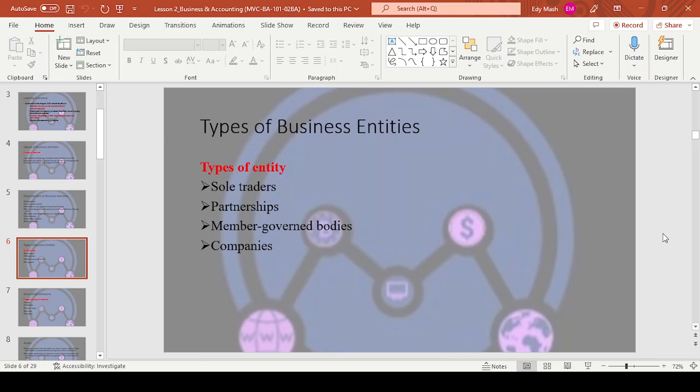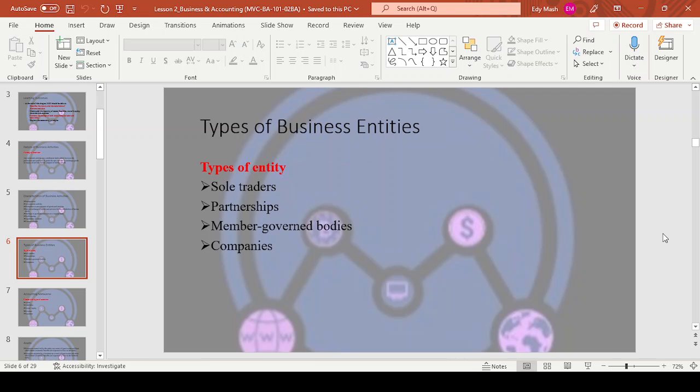So the types of business entities are sole traders, where just one businessman opens their own supermarket or whatever, one person who takes care, it's their business in their name. That's a sole trader. And then there are partnerships where they sign a partnership agreement and have profit sharing. And then there are member-governed bodies, like not-for-profit organizations, like a football club. And then there are companies where you sell shares, and there are directors and shareholders.